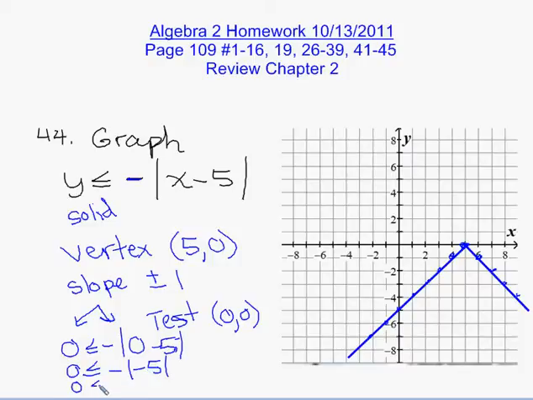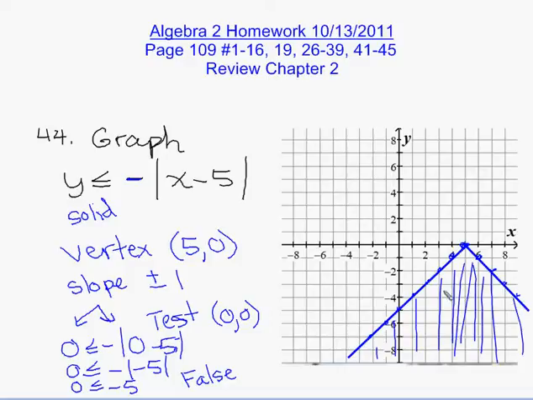So this is 0 is less than or equal to negative 5. Is that true or false? 0 is less than a negative? No, zeros can't be less than negatives. So this is false. Because this is false, that means everywhere over here that includes 0, 0, this whole region is false. The only part that's true is down here, the part away from the 0. So if the 0 is false, you shade the part away from it. If the 0 is true, you shade the part that includes it.